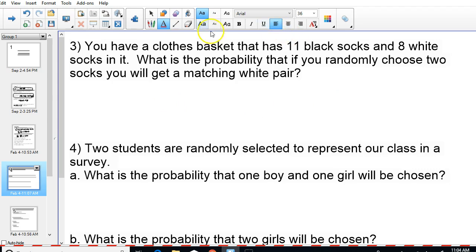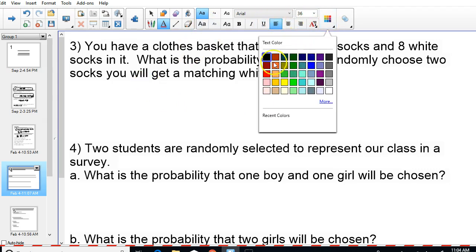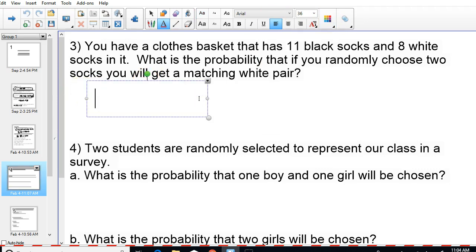All right. So what is the probability that if we choose 2 socks, you will get a matching white pair? Okay. So we would have to choose a white in the first place. The white would be 8 out of how many? 19. That's how many total socks you have.